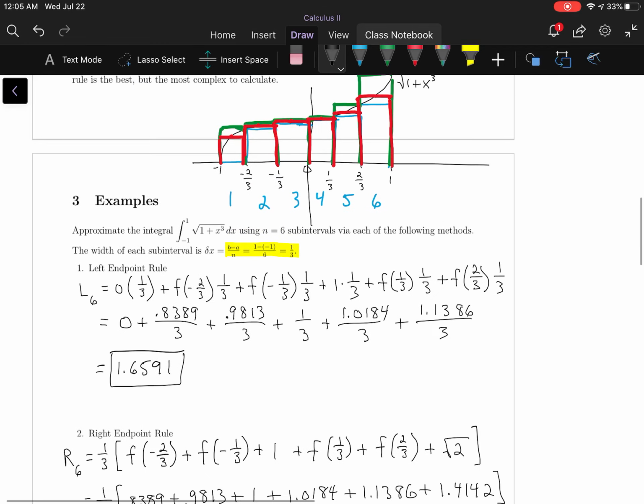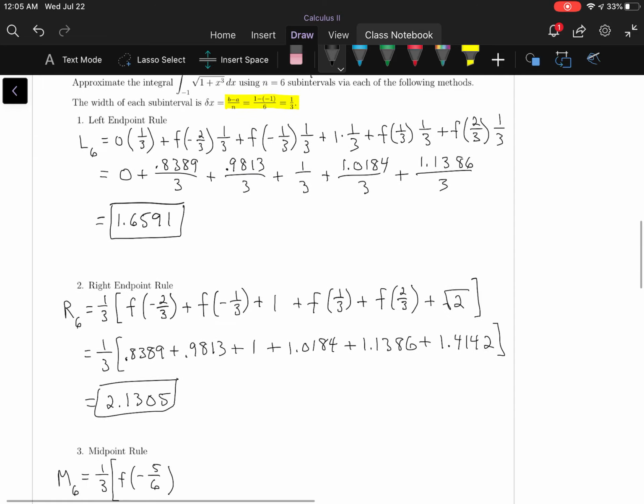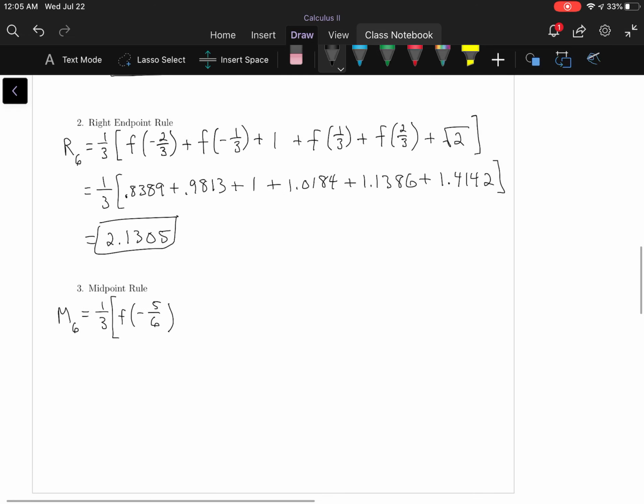So if you have trouble figuring that out, you could always take the average of -1 and -2/3, and you'd get negative 5/6. Likewise, if you want the next midpoint, take the average of -1/3 and -2/3, and you'll get negative 3/6 or -1/2.